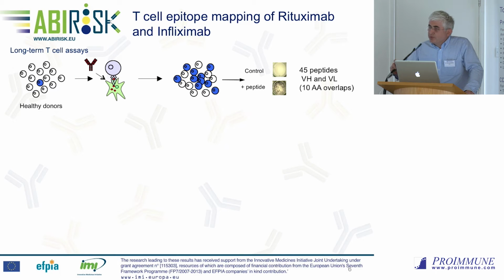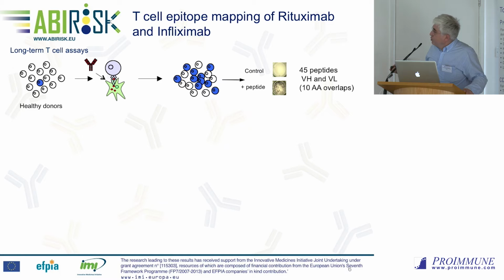I will first start with rituximab and infliximab. In my lab, to investigate the naive cells, we use what we call long-term T-cell assays, as we derive T-cell lines specific for the drugs, the antibodies.